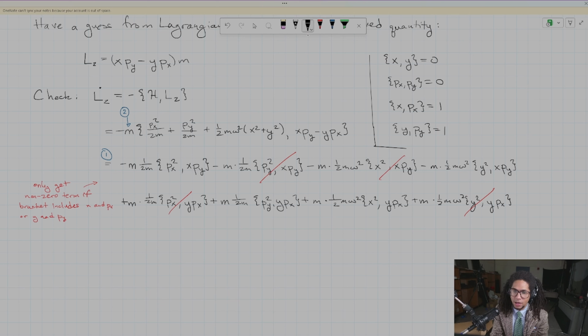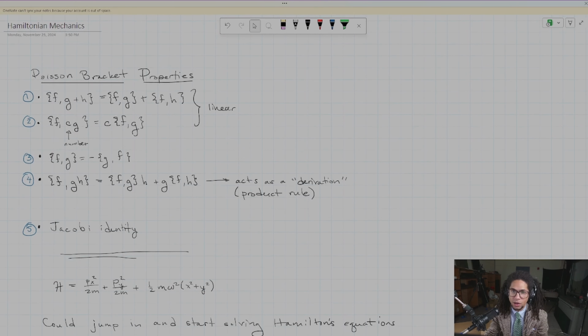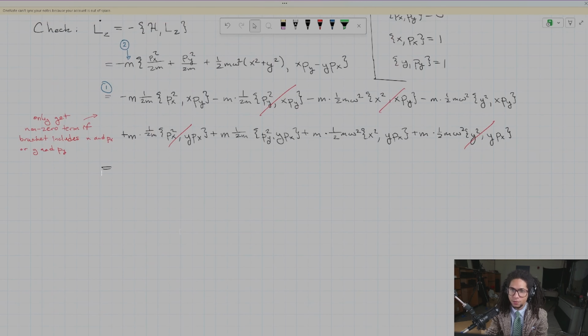Okay, next I'm going to only care about the ones that I didn't cross out, and I am going to use what next? I'll use rule 4 to reduce this. So let me use rule 4 first on the right. And I'll also clean up some of this. So for instance, minus m times 1 over 2m is just minus 1/2.